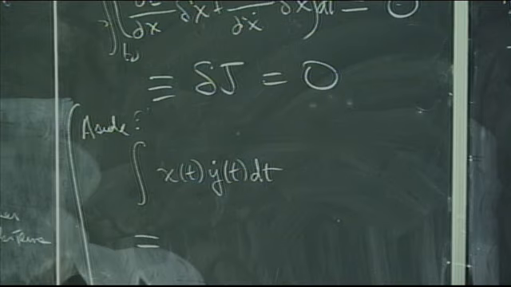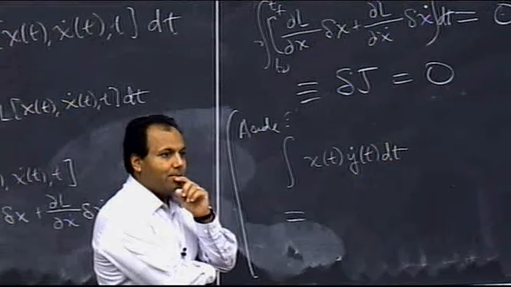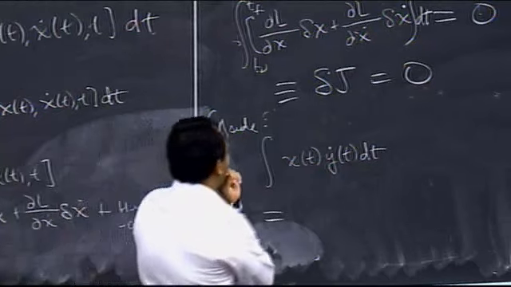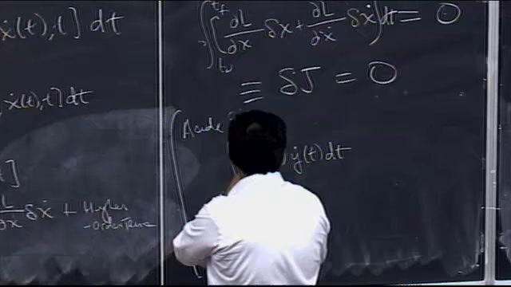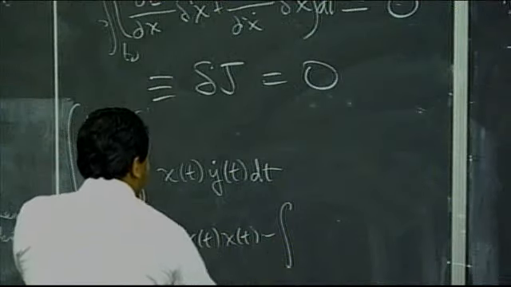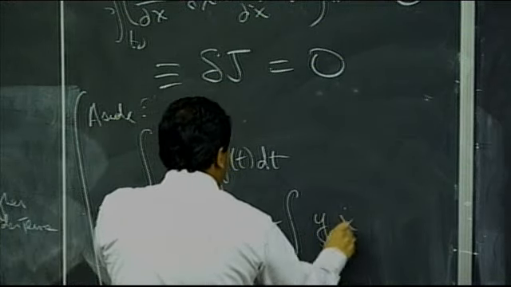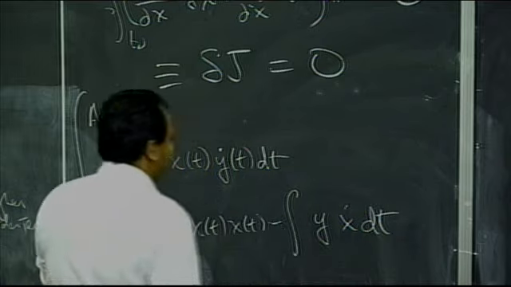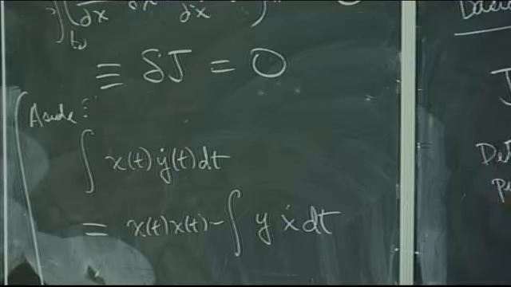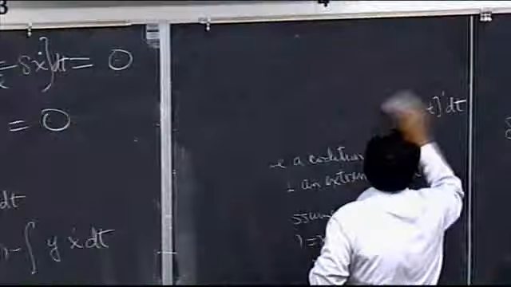Did someone ever teach you how to do something with that before? It's called integration by parts, right? This is u dv. So this is equal to uv minus the integral of v du, so y x dot dt. I've got 5 minutes, so I can do that here. That's my aside. It's integration by parts.